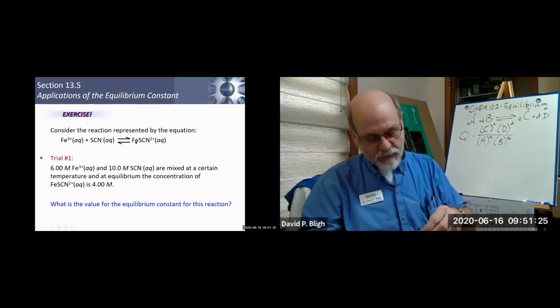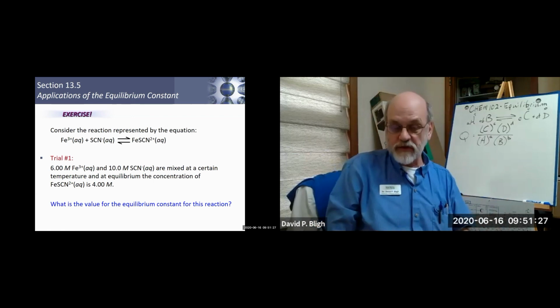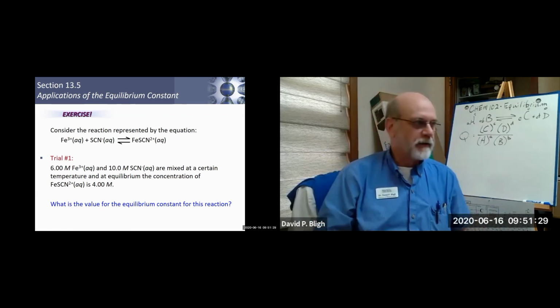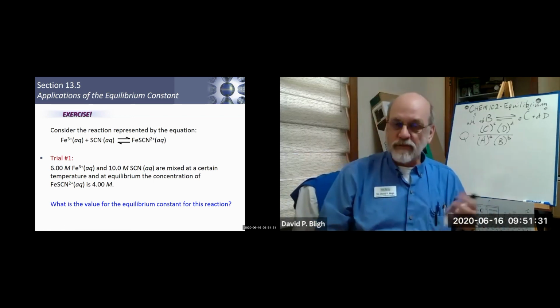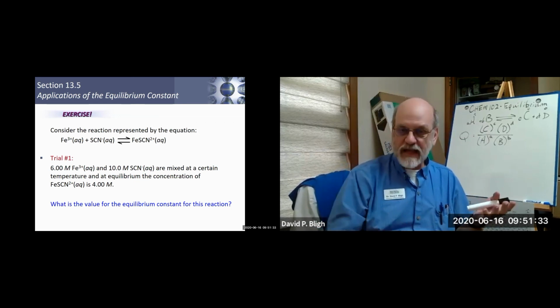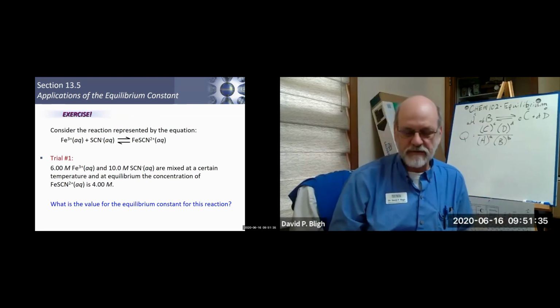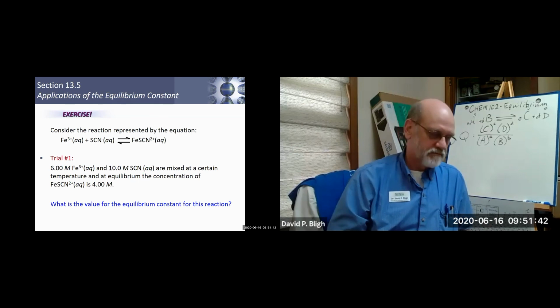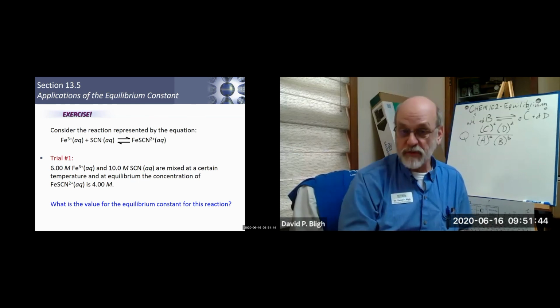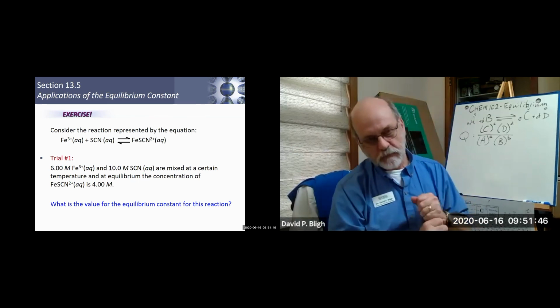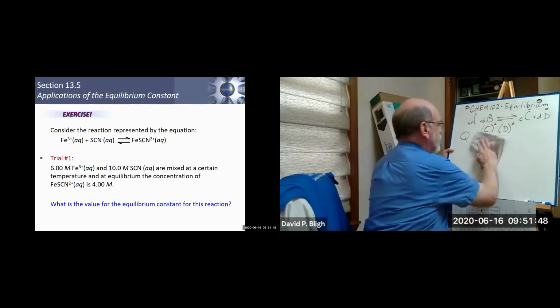And your lab this week, which is already posted, I got it done early. Lab number 3 is on Le Chatelier's principle, which we'll discuss in a few minutes. It uses this reaction as one part of the procedures. Okay.